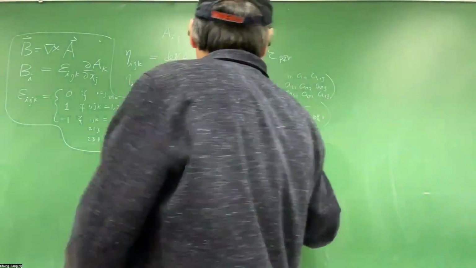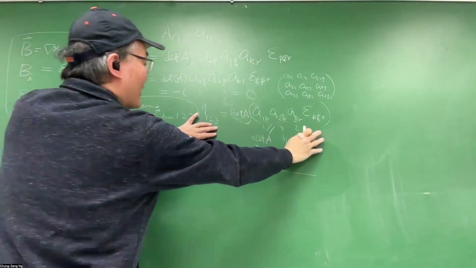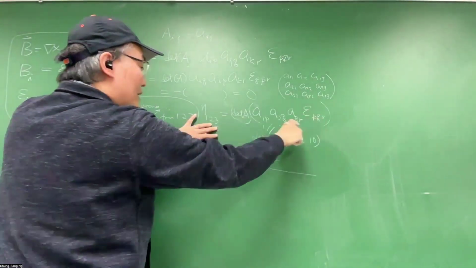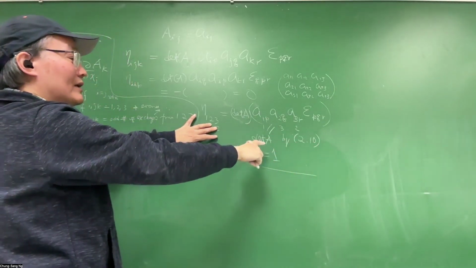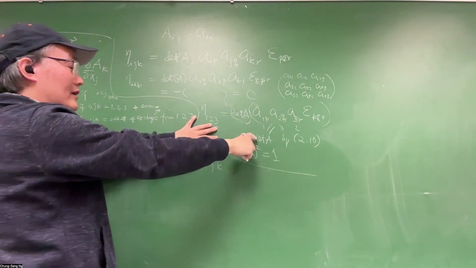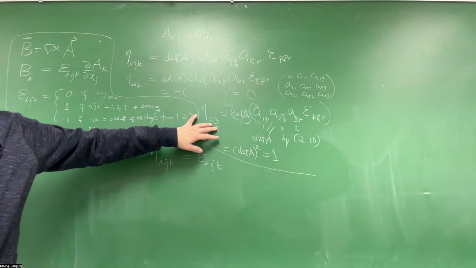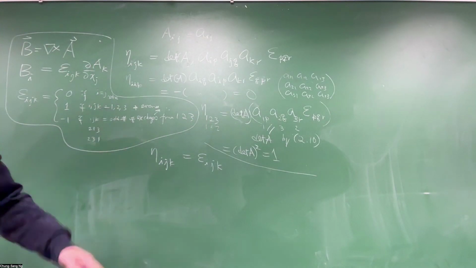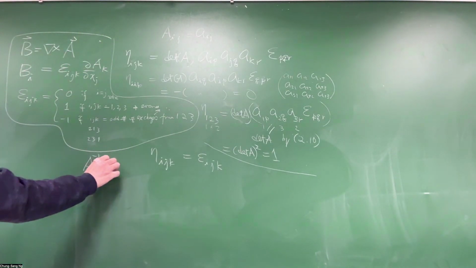Before I add all this, eta 1, 2, 3 is determinant A multiplied by this one, and according to equation 210 of the textbook, this object is determinant A. So this one is determinant A times determinant A, which is determinant A squared, which is 1. And because we already showed that the determinant squared of this transformation matrix is 1, because of the property A inverse is A transpose.